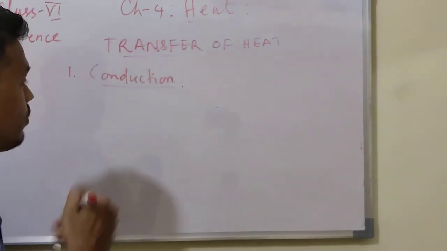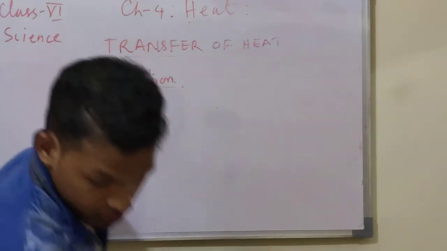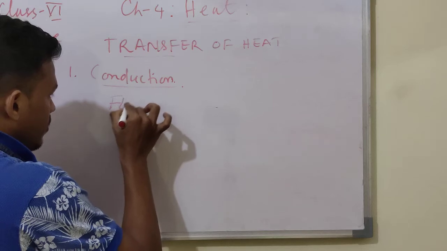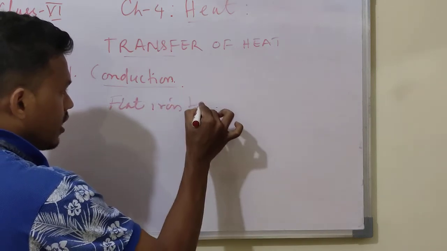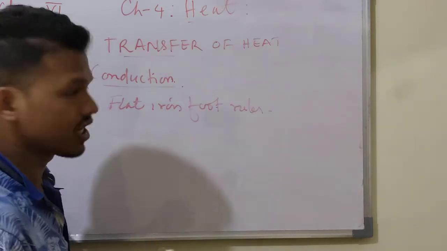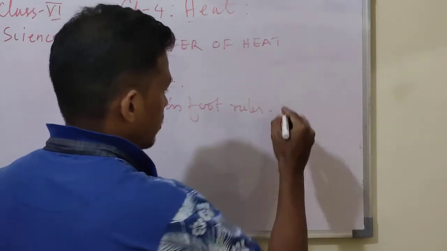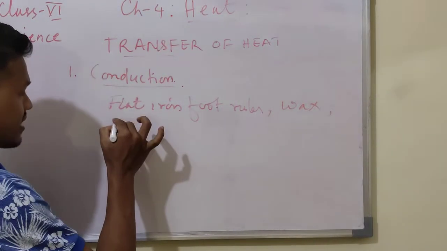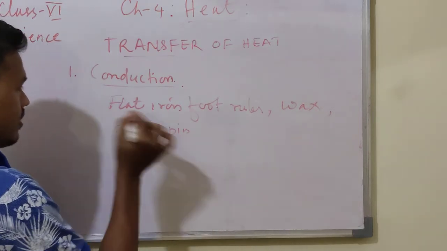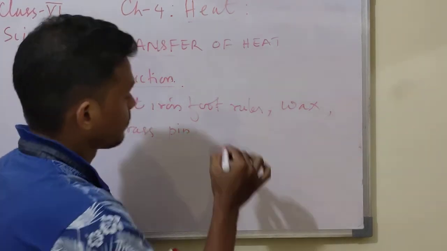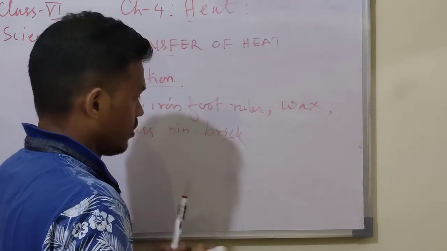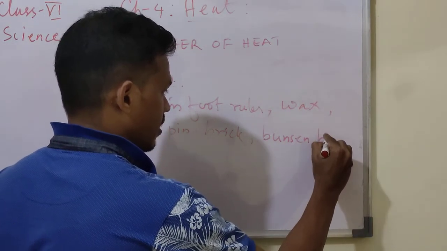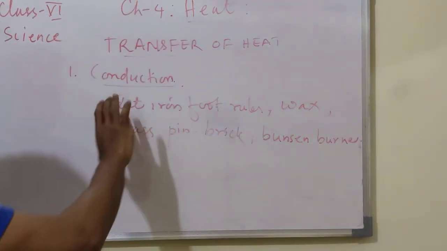Conduction takes place in solids. Take a flat iron foot ruler, a scale. Then take candle wax, 4 brass pins, a brick, and a Bunsen burner. These are the things needed to do this experiment.